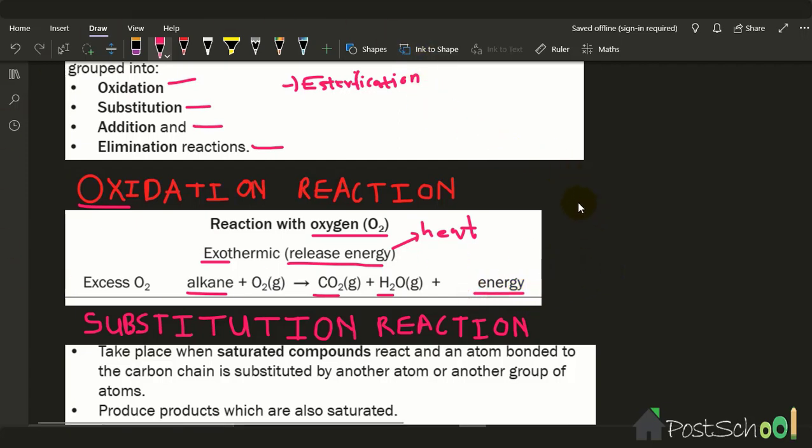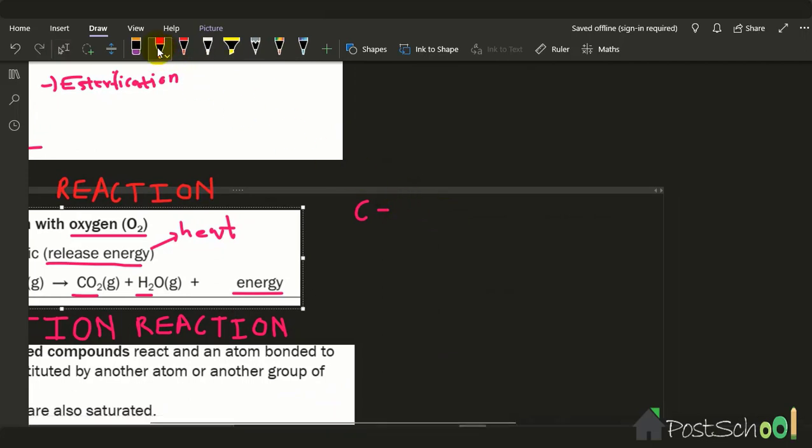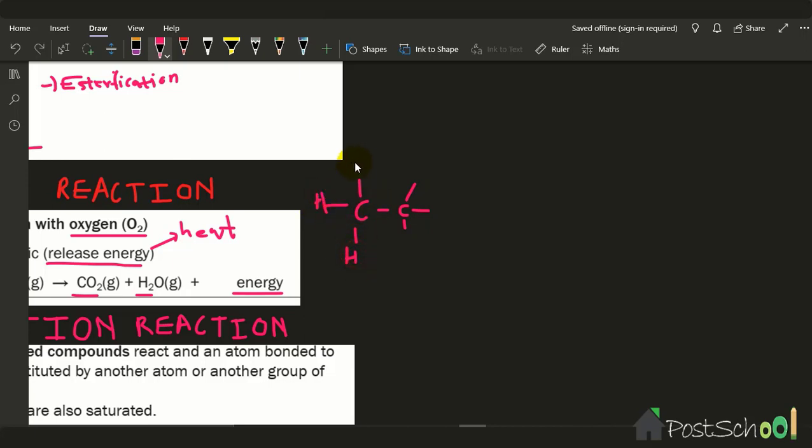So for example la mhlawumbe sithi ke alkene, that's alkyne le iba combined with oxygen molecules, it will result to CO2 plus H2O plus energy.